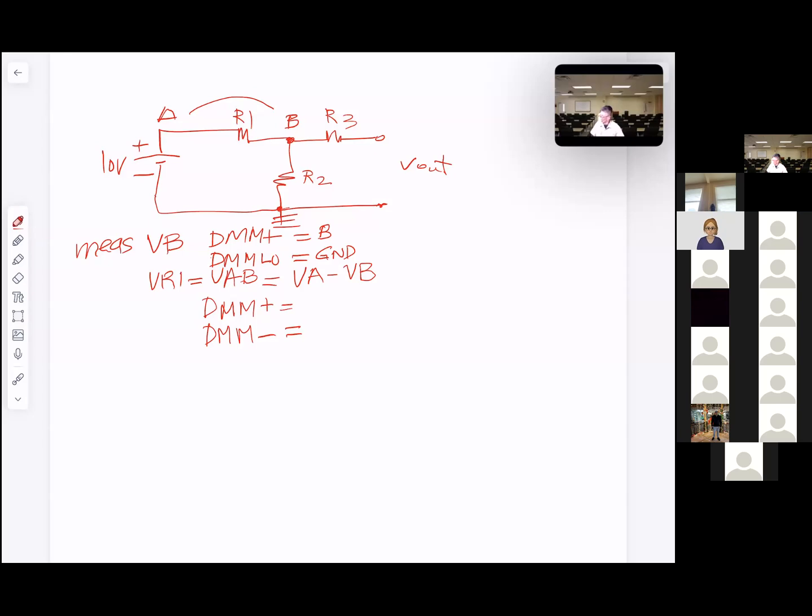Okay, if I want to measure VR1, that means the voltage across R1. Put your red or plus lead on A and your black lead on B. Perfect.